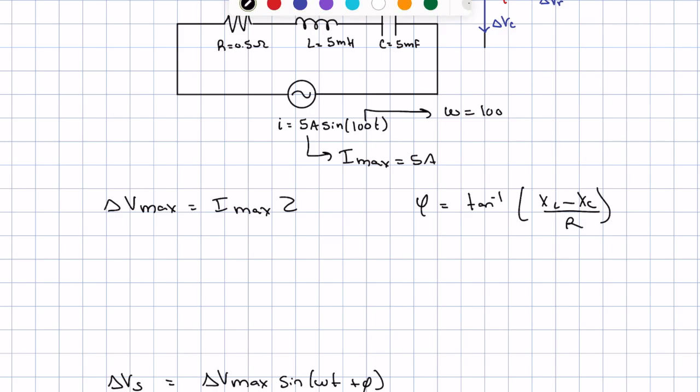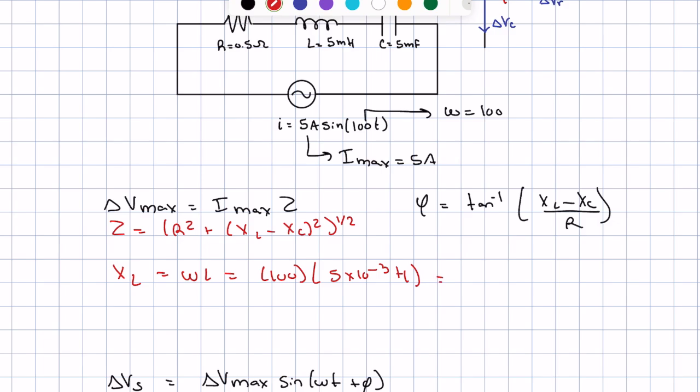So delta V max is I max times Z. What is Z? Z is the impedance, and it's equal to R squared plus XL minus XC squared, to the 1/2. What is XL? XL is the inductive reactance, and it's equal to omega times L, where omega is 100 and L is 5 times 10 to the negative 3 henries.